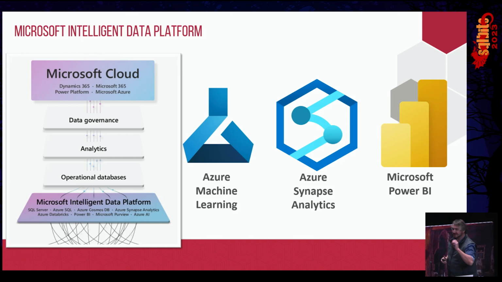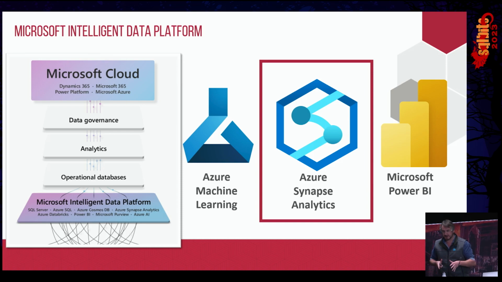Then if we're talking specifically about this nebulous idea of a lakehouse, we focus in on one thing in particular: this thing called Synapse, or Synapse, depending on if you're American. I got told off by Microsoft for calling it Synapse too much. OK, so what is Synapse?